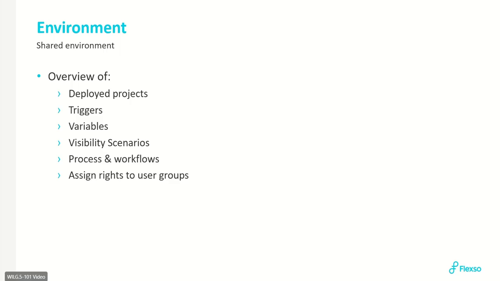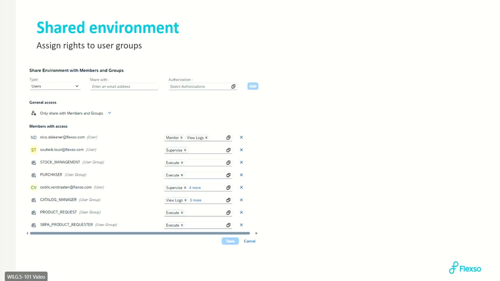In the shared environment, you get an overview of deployed projects, triggers, variables, visibility scenarios. Visibility scenarios, of course, you need to set up first. Then processes and workflows, and also assigning rights to user groups. And the last one is really important, because when submitting a request via the SAP UI5 form, as a user, you will be submitting it with an API request, and you are authenticated.